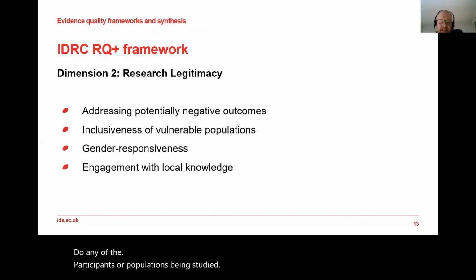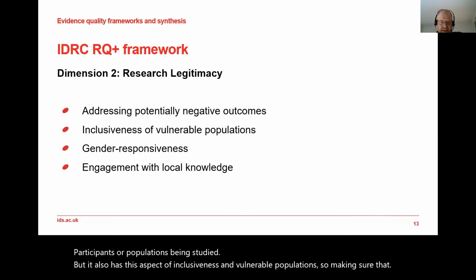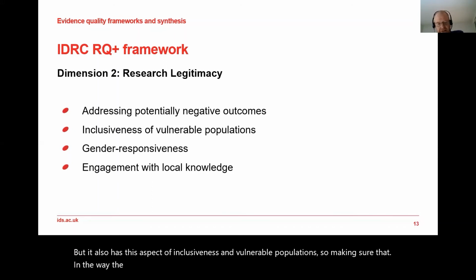But it also has this aspect of inclusiveness of vulnerable populations, so making sure that in the way the research is designed, we're ensuring the interests and views of vulnerable, marginalized communities or populations are represented.